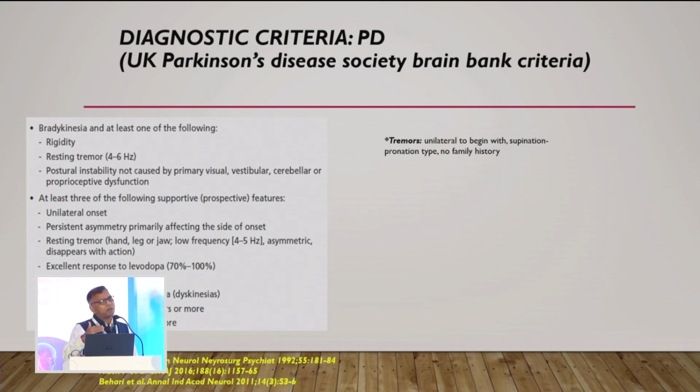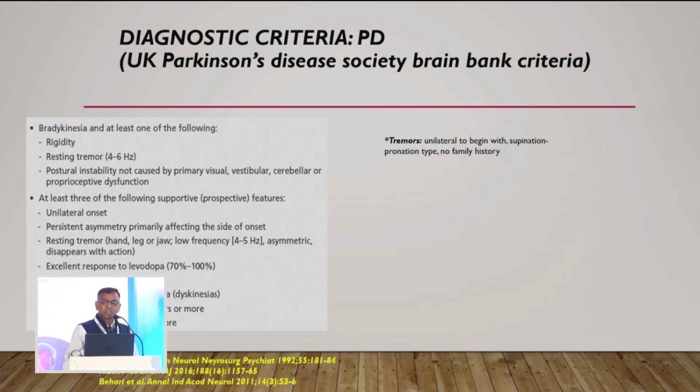Persistent asymmetry up to 2 to 3 years, then it becomes bilateral, and that's how we define H&Y staging and the pull test. All those become significant. So it starts unilaterally, but eventually it becomes a bilateral illness. Resting tremors, and the patient should have an excellent response. You will see patients coming to the OPD, a lot of them taking levodopa plus carbidopa.